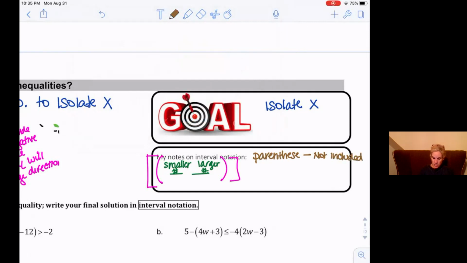And you are going to use a bracket if the value is included. If it is not included, you would see it represented as an open circle on your number line, or it would be a less than or greater than. If a value is included, it would show up as a closed circle on the number line.